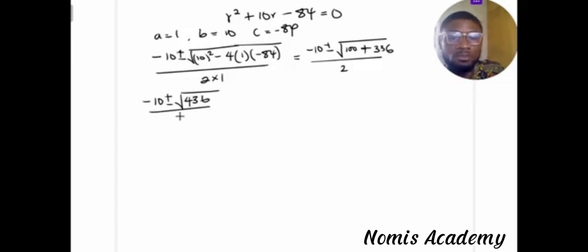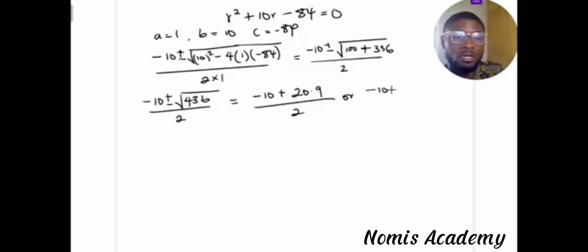So I can say minus 10 plus or minus the square root of 436, divided by 2. So this will give me minus 10 plus the square root of 436, which is 20.9, over 2, or minus 10 minus 20.9 over 2.